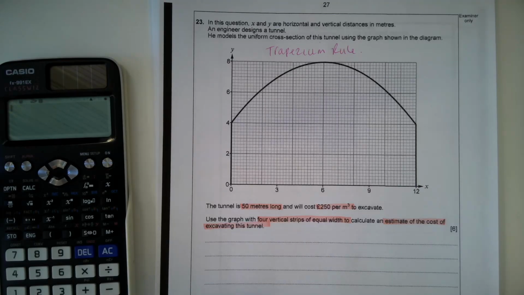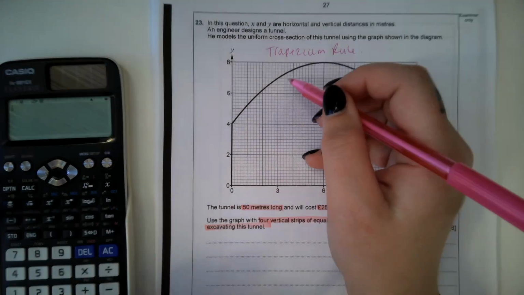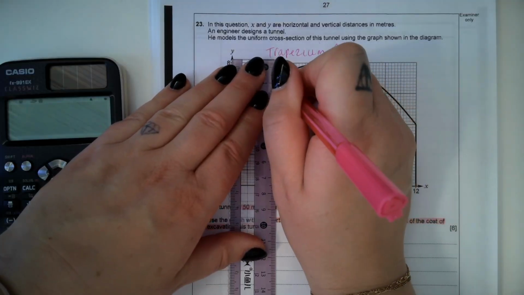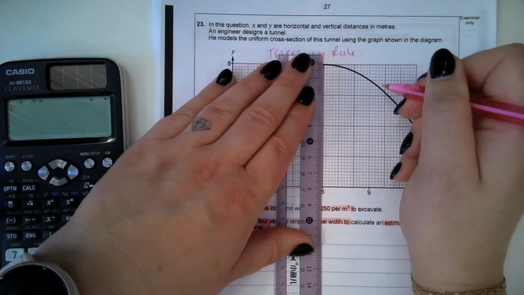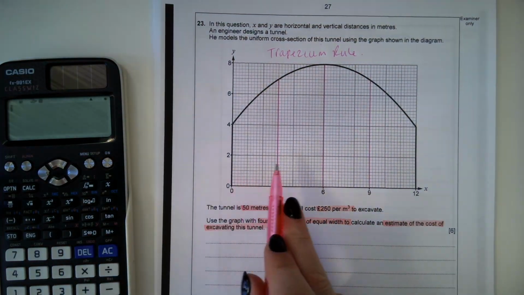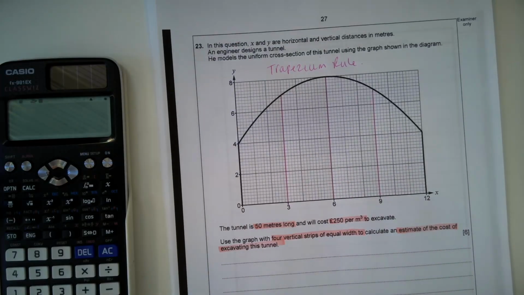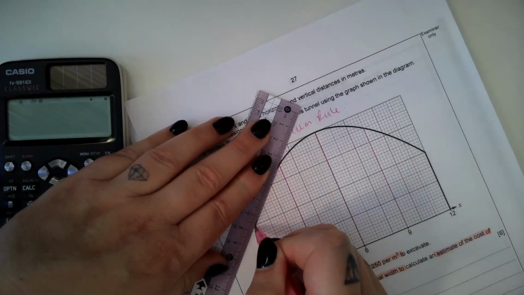So I want 4 strips of equal width. So I'm going to have 1, 2, 3, 4. So let's start with that. So we're going to draw lines up from each of those points. Okay, so we've got 1, 2, 3, 4 strips of equal width, but we are estimating, so we can't actually use the curve.